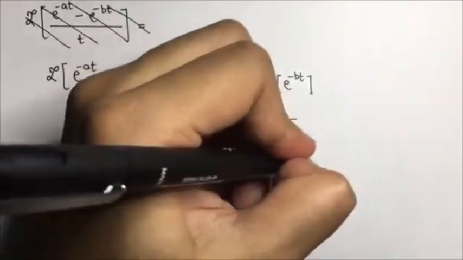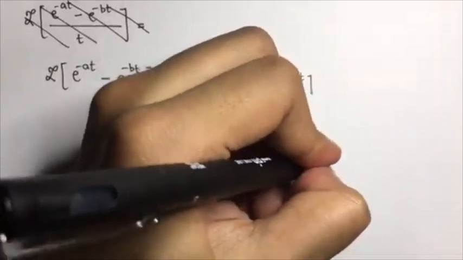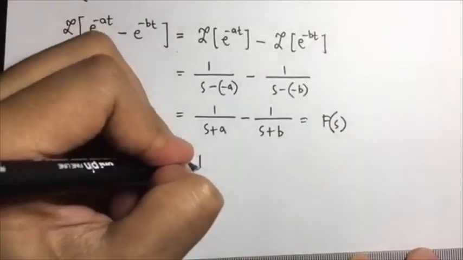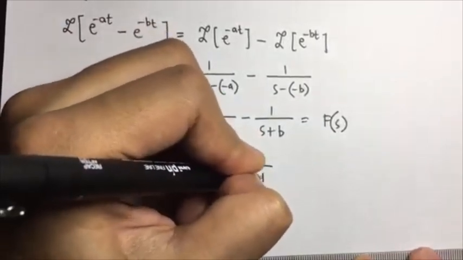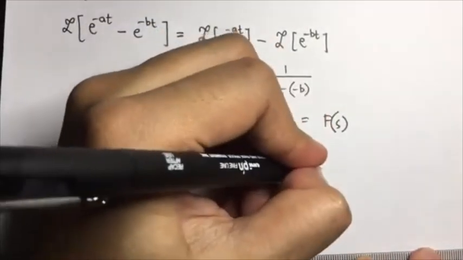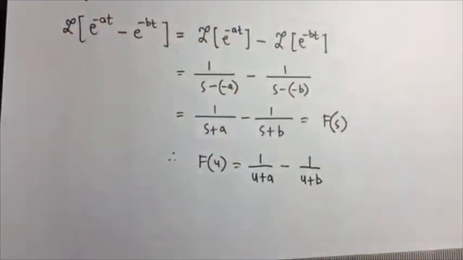Okay, so this is our F of s. Therefore our F of u is equal to 1 over u plus a minus 1 over u plus b.